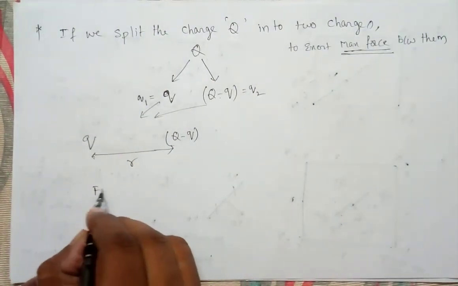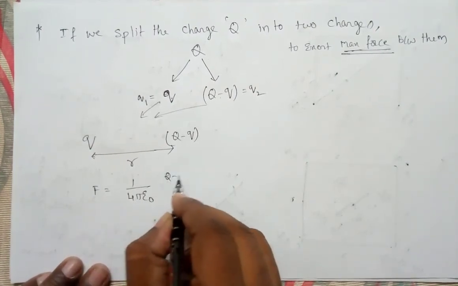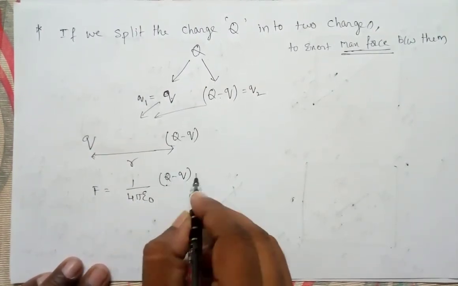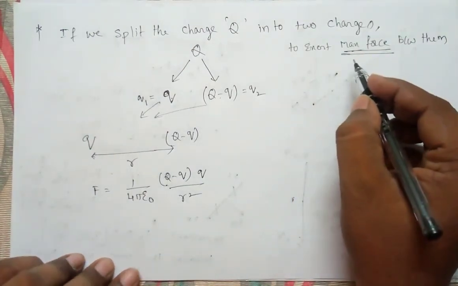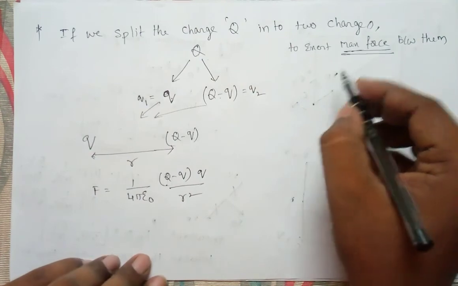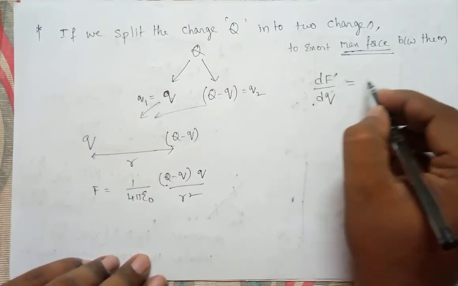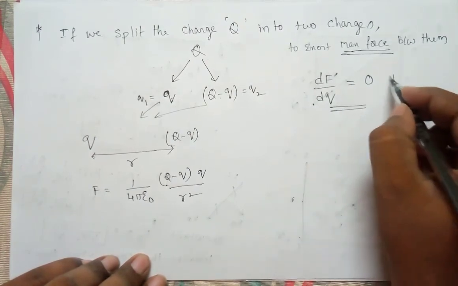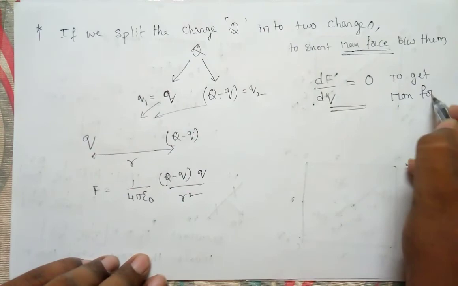What about the force here? 1 upon 4 pi epsilon naught into capital Q minus small q, into small q by r square. For the force to be maximum, you have to understand that dF by dq is equal to 0.